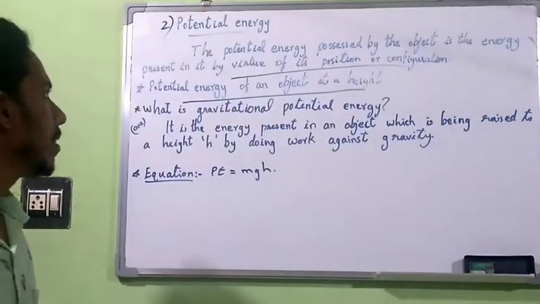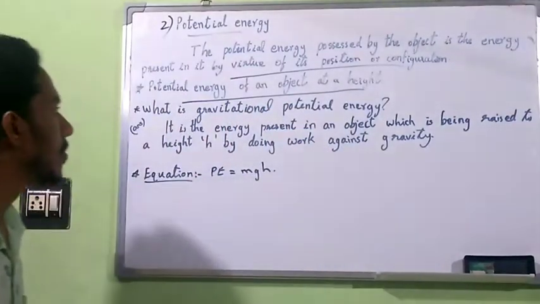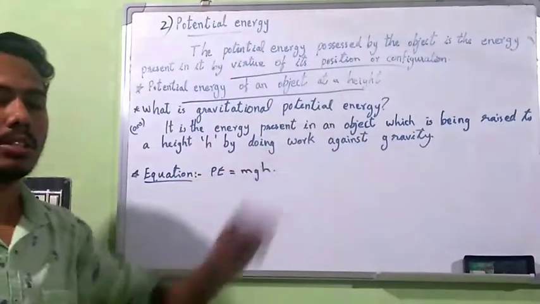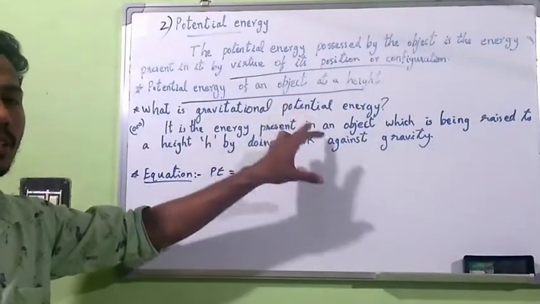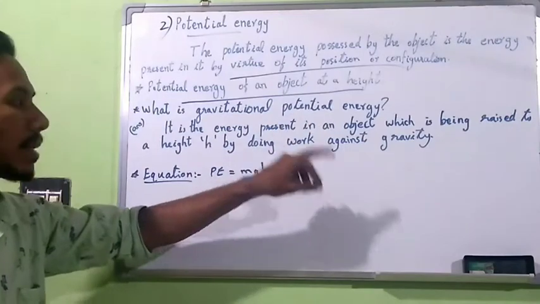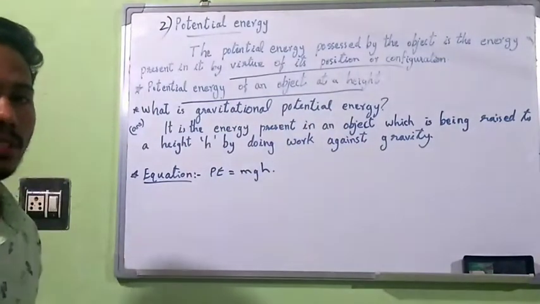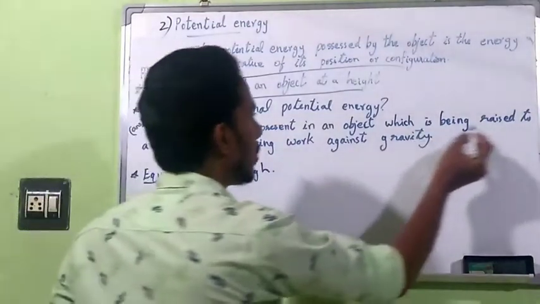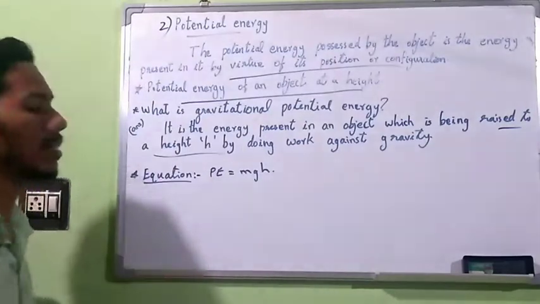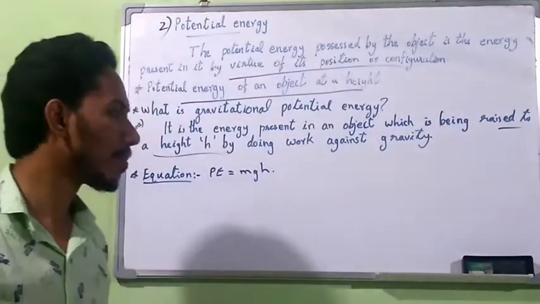Then potential energy of an object at a height. What is gravitational potential energy? Gravitational potential energy is present in any object at a height from its ground state. It is the energy present in an object which is raised to a height h by doing work against gravity.